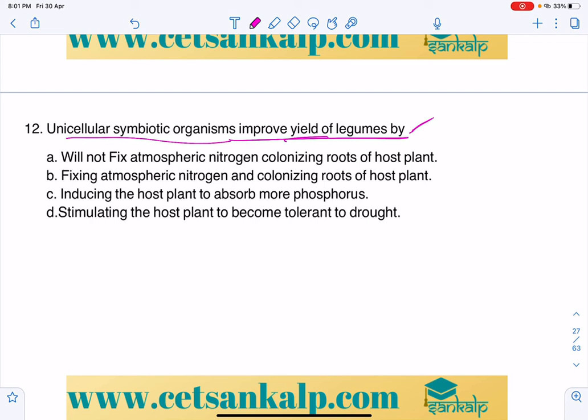So generally mycorrhizae is a symbiotic association of fungus with the roots of higher plants. Similarly, here we can say where exactly that will be used, in the leguminous plants, which form a symbiotic association and help in nitrogen fixing.